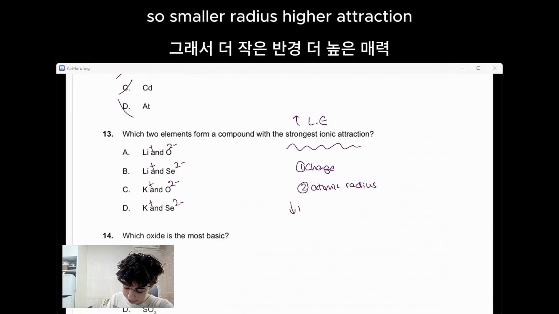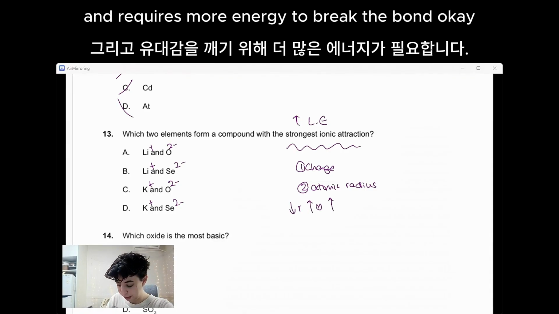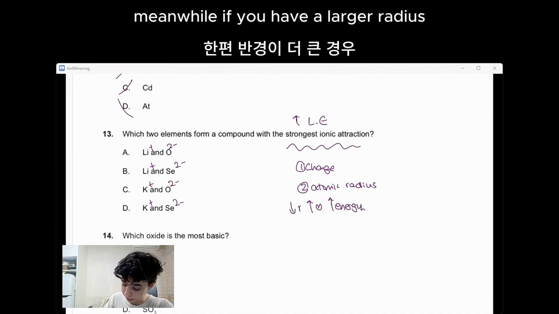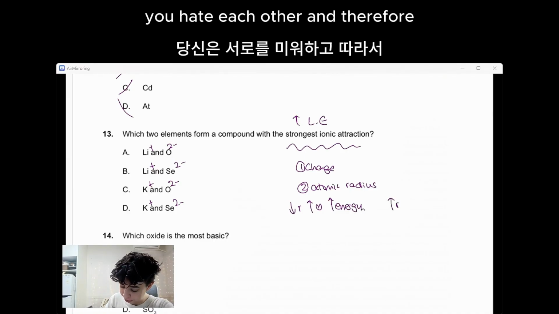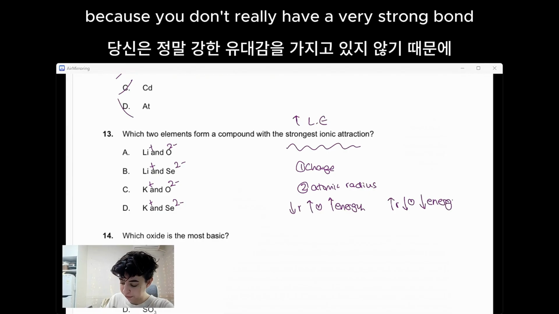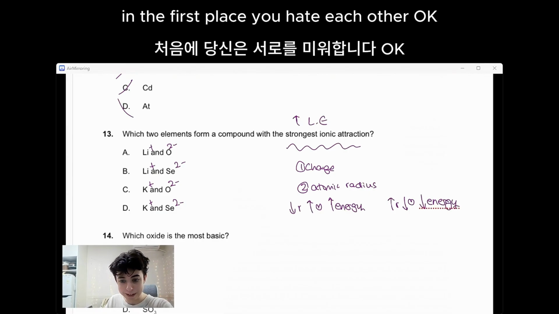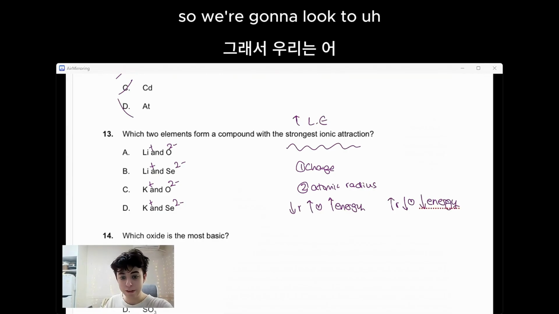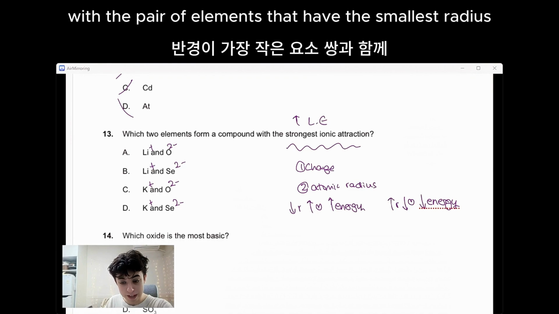So smaller radius, higher attraction, and requires more energy to break the bond. Meanwhile, if you have a larger radius, you hate each other, and therefore you require less energy to break your bond because you don't really have a very strong bond in the first place.